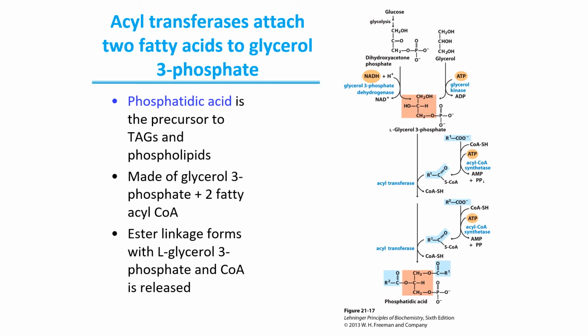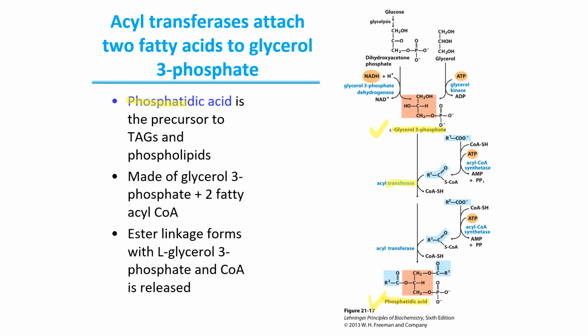So for making these big lipids, that is phospholipids and TAGs, we begin with glycerol 3-phosphate here. It is going to undergo a reaction through the transferase and is converted into phosphatidic acid. Both of these molecules, glycerol 3-phosphate and phosphatidic acid, are very important.